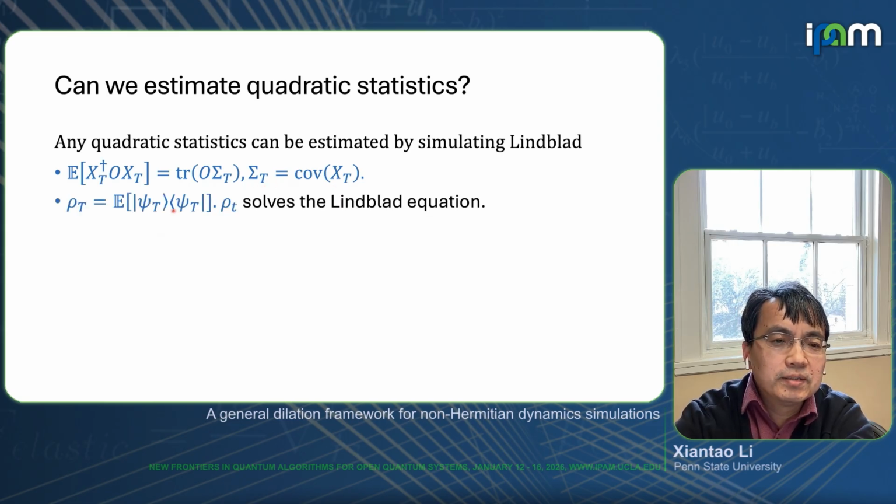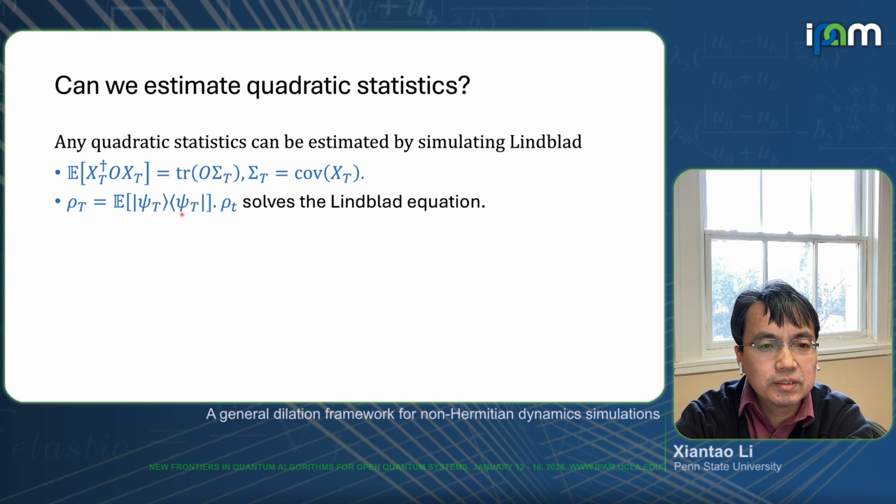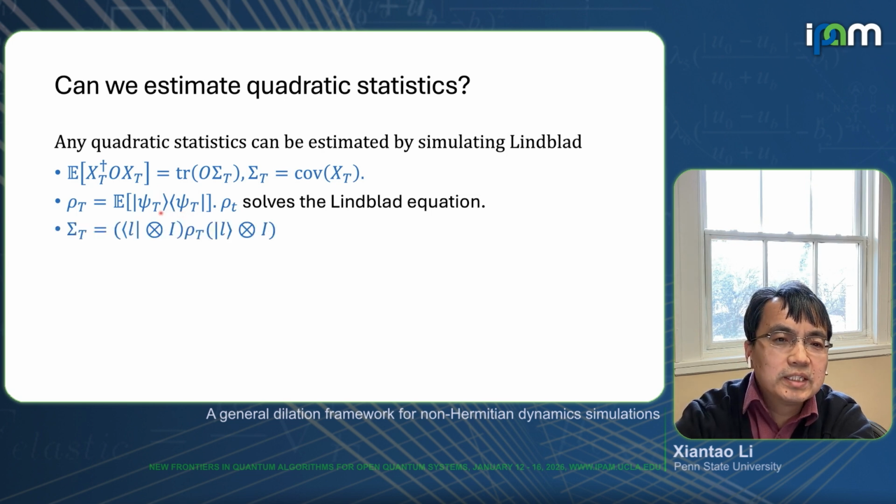For the Lindblad equation, this is the second moment of the stochastic Schrodinger equation. And what happens is that this second moment and the second moment of the original SDE correspond to each other according to this formula.